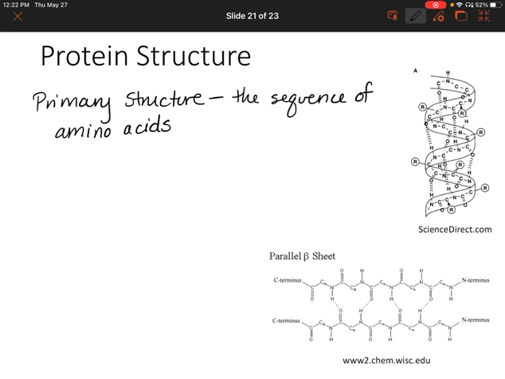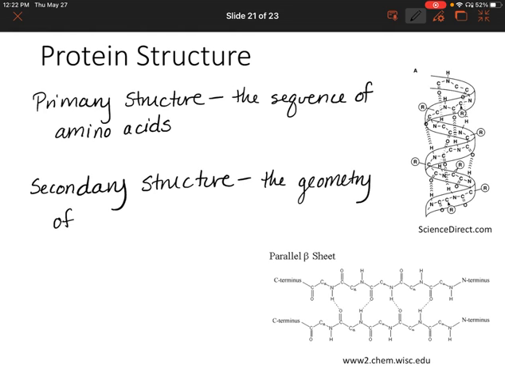Then the secondary structure is where we start to think about the shape. The secondary structure of a protein refers to the geometry or 3D conformation of certain regions of the protein. I have a couple of examples for secondary structure off to the side.